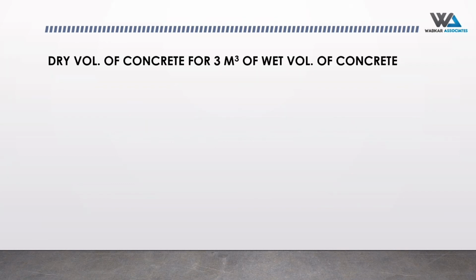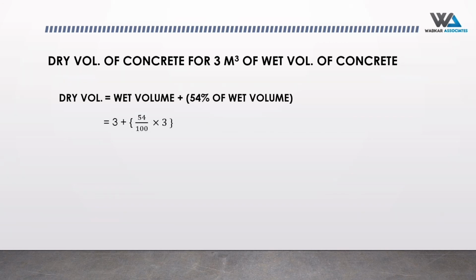So for 3 meter cube of wet volume for beam with say M20 grade of concrete, dry volume will be, means that 54% of 3 meter cube will be added to the wet volume, that is 3 meter cube. So 54 divided by 100 will be 0.54, multiplying it by 3 as we will be using 3 meter cube.